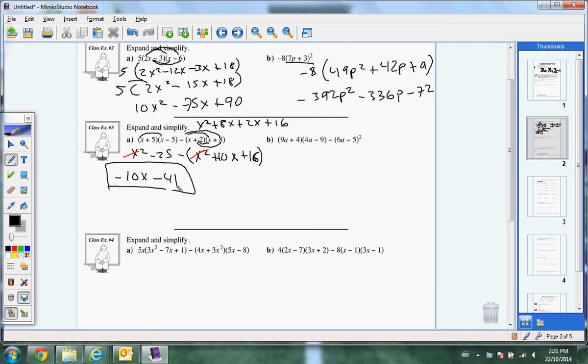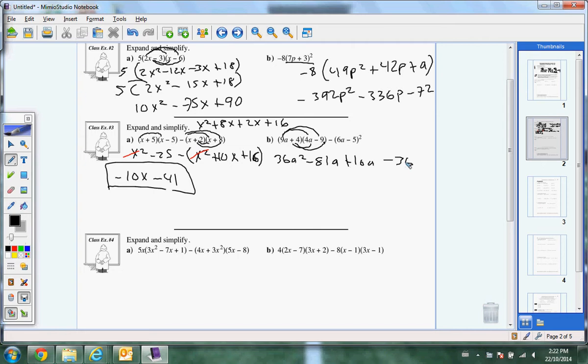Okay, so B, again, it's not opposite. It's close. Actually might work out on this one just because it's a reverse of itself. And then we know how to do that one. So this is going to be 36a squared minus 81a plus 16a minus 36.